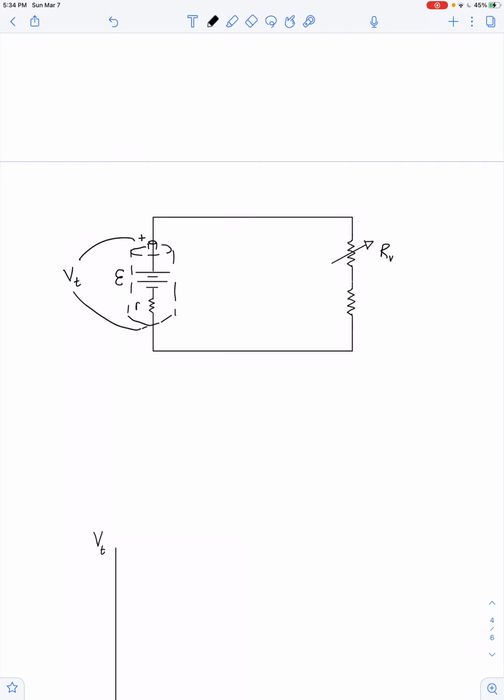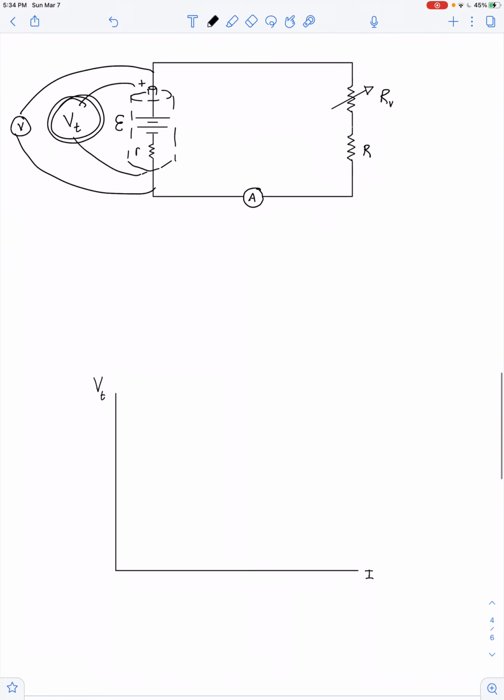Here's our R variable and the R fixed. Now, I guess what we're saying is we're going to put an ammeter in that series loop, and we're going to connect a voltmeter in parallel with the terminals of the battery.